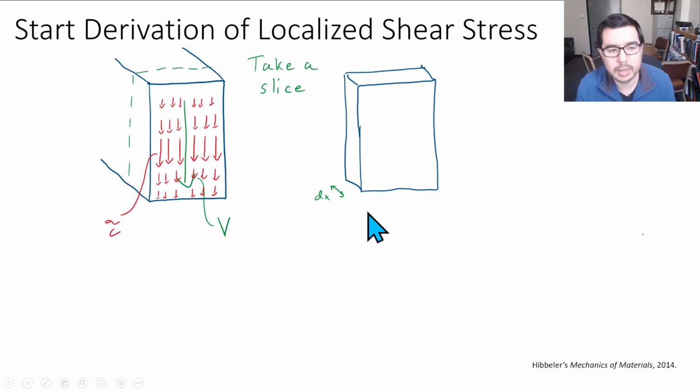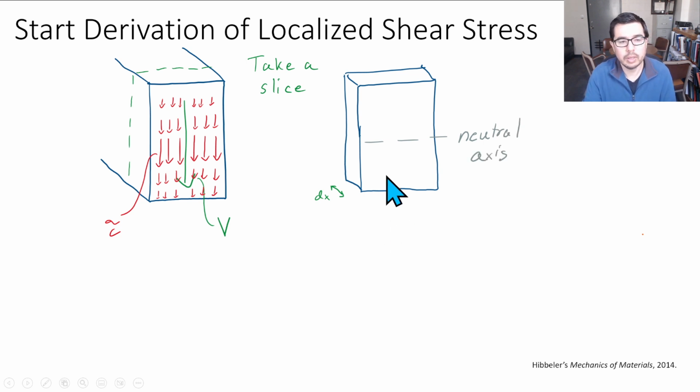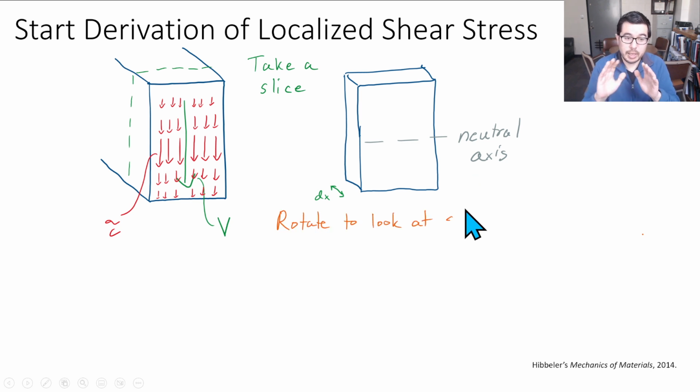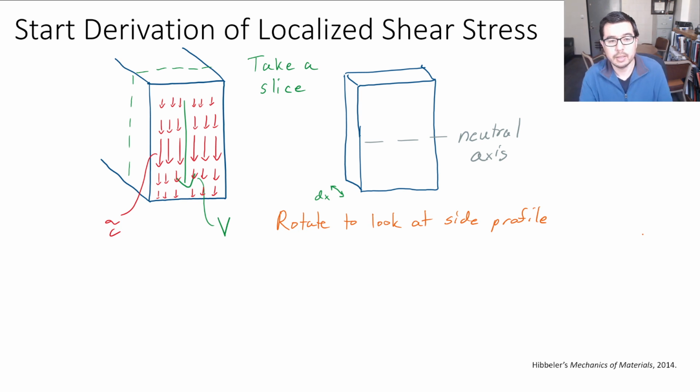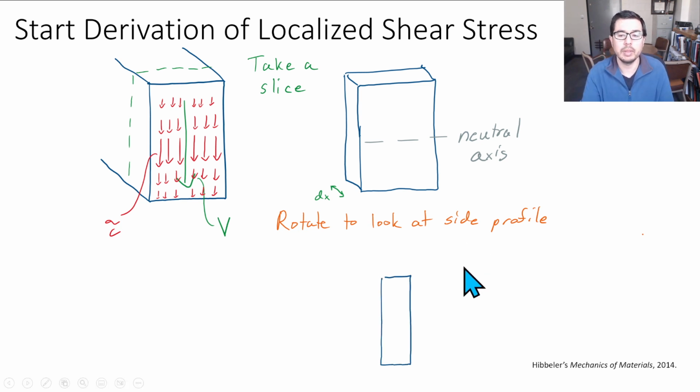We also recognize that our beam has a neutral axis. So if we draw it across here, we see it as shown. Now we're going to take this element, rotate it, and look at a side profile like we see here.